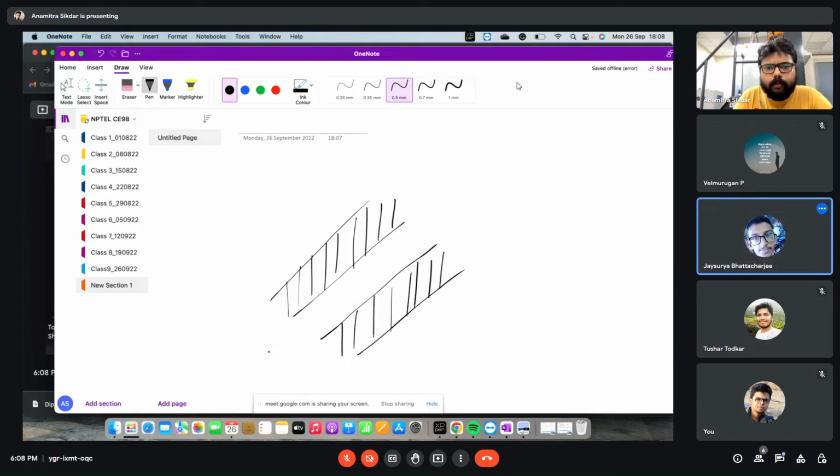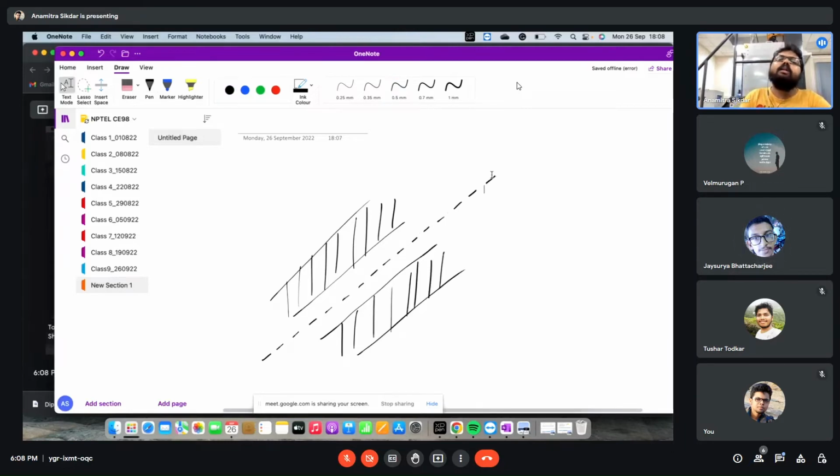Reversal of layers. Yeah, repetition of this bedding, right? Yes. So this is called the axial plane, the trace of the axial plane, all right?